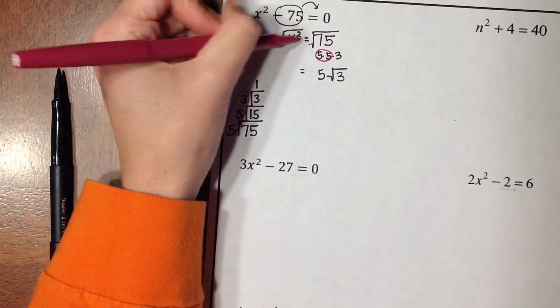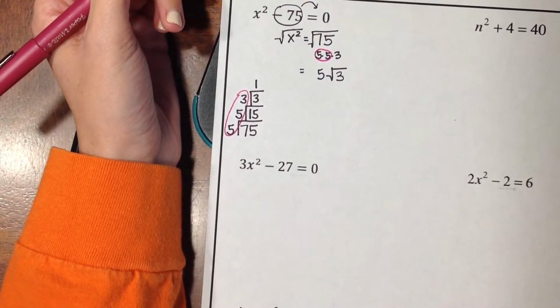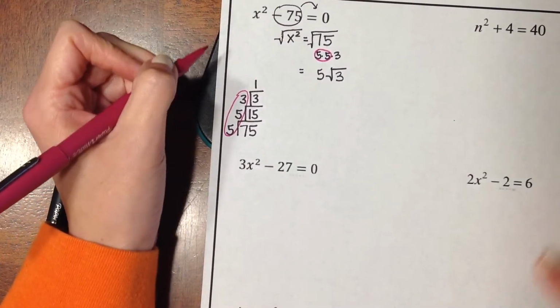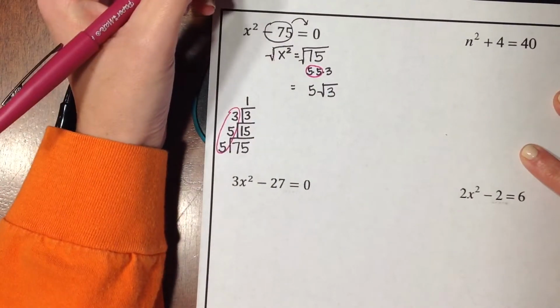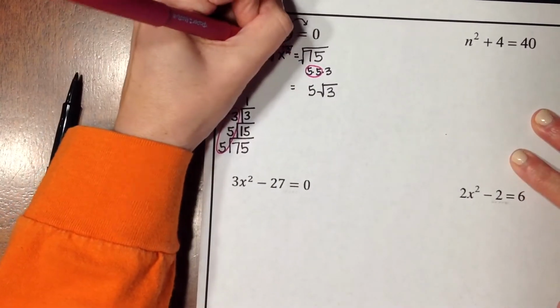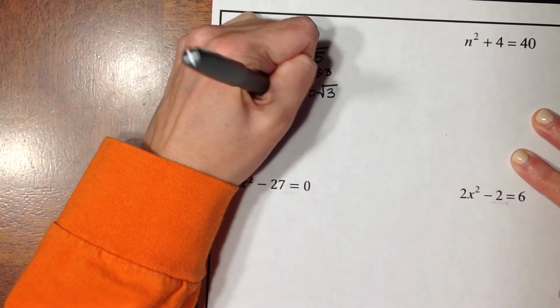Okay, so that takes care of my square root of 75. Let's look at what happens to the square root of x squared. Well, just like addition and subtraction are inverse operations, and multiplication and division are inverse operations, square root and powers of 2 or squares are inverse operations. So they actually cancel each other out, and I'm just left with x.